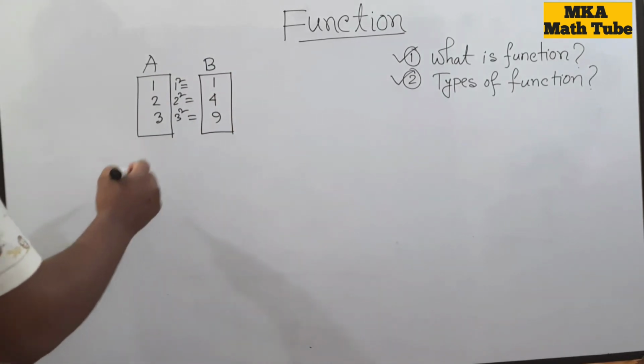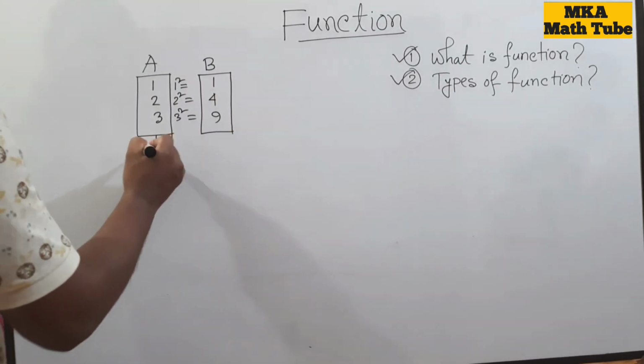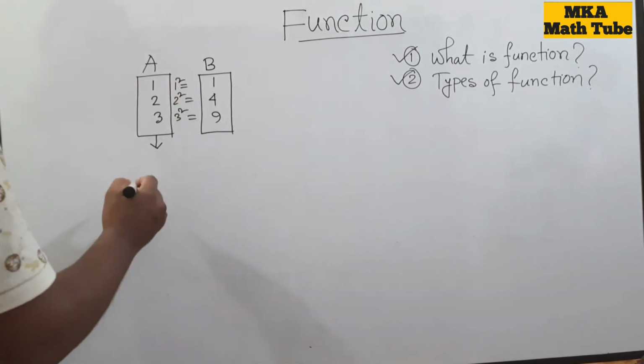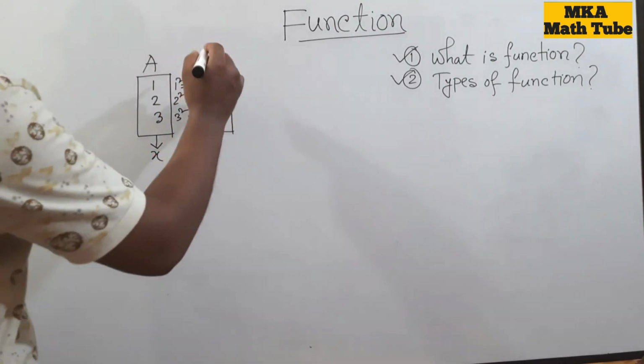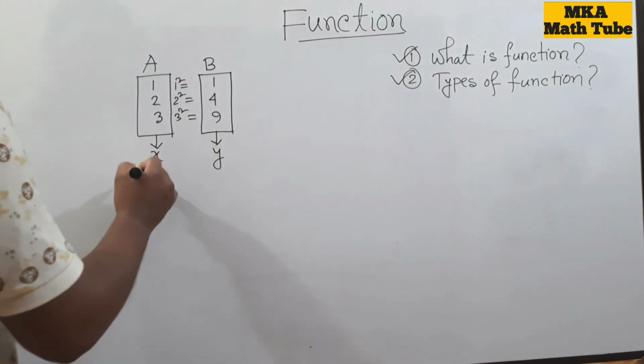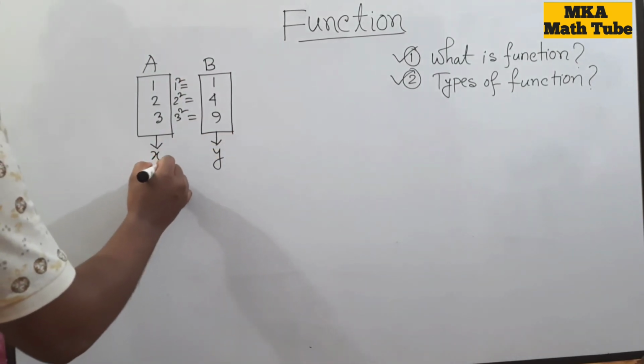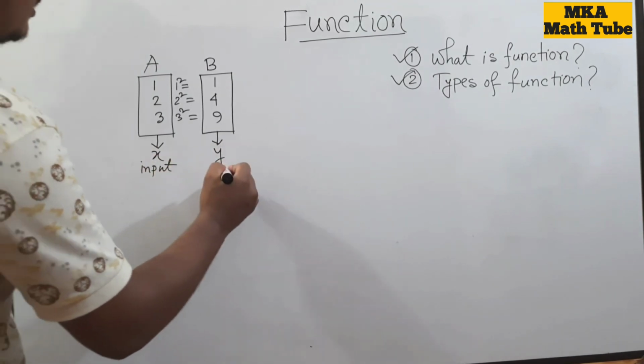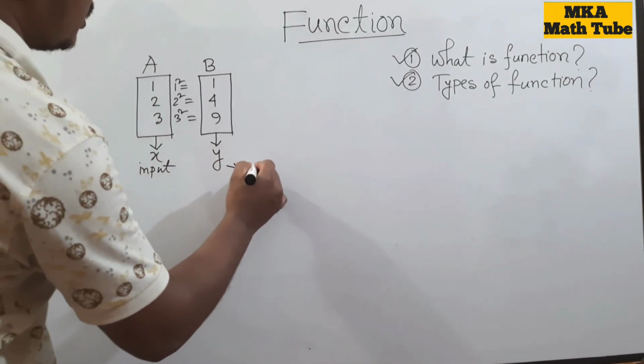What is the relation? If we consider the value of set A as x and the value of set B as y, then this is the input and these are the output.